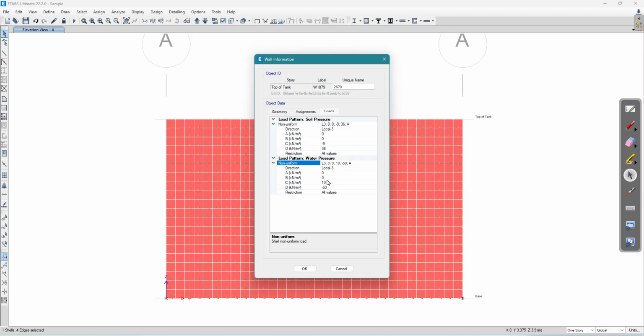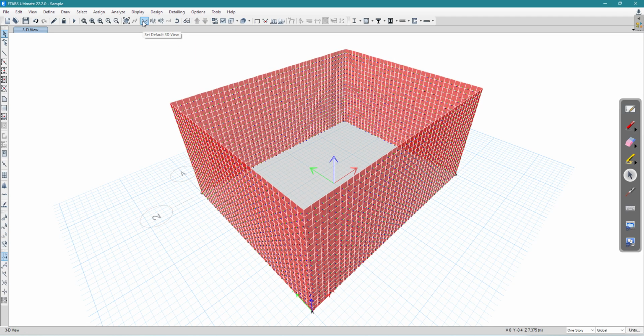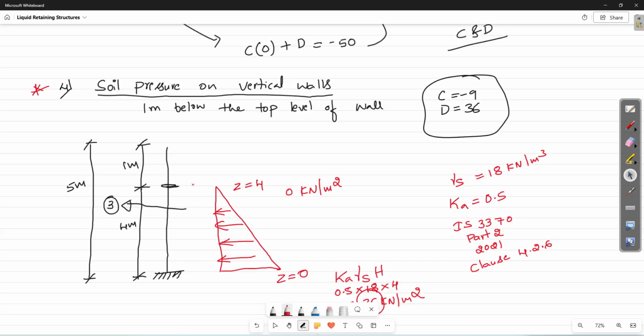For water pressure, your C and D are 10 and -50. For soil pressure, C and D are -9 and 36. Clear? Okay. So this is how you can apply soil pressure on vertical walls.